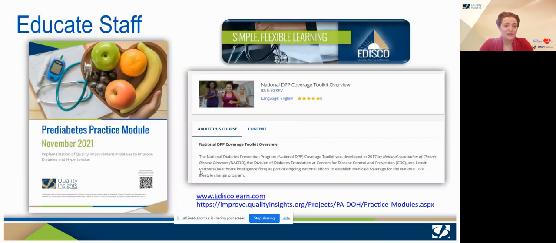Along with that, we also have some quality insights tools, which can be very valuable to you and your staff, which includes a prediabetes module that has a plethora of resources, links, and it has things for everyone from clinical to non-clinical staff. We have the National DPP Coverage Toolkit overview. We have a DISCO eLearn series, which is free education around prediabetes, and we welcome you to check any of these things out.